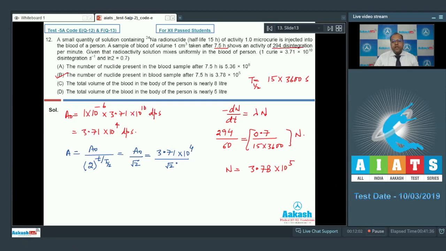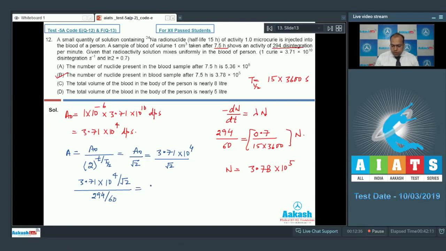Now in the question it is given that 1 cm cube of blood sample contains an activity of 294 by 60 disintegrations per second. So the total volume can be found by 3.71 into 10 raised to the power 4 divided by root 2, divided by the disintegrations per second in 1 cm cube, that is 294 divided by 60.